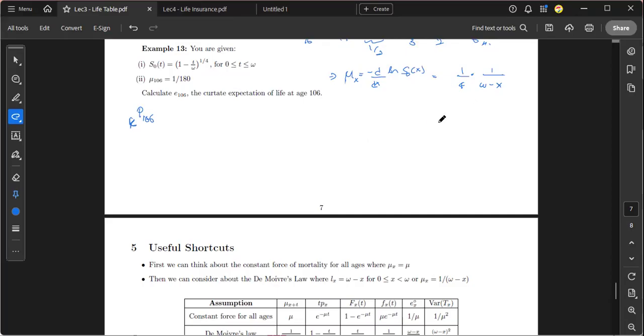So in here it's 106 and we need to find the value of 106. Yeah, let's say it like this.